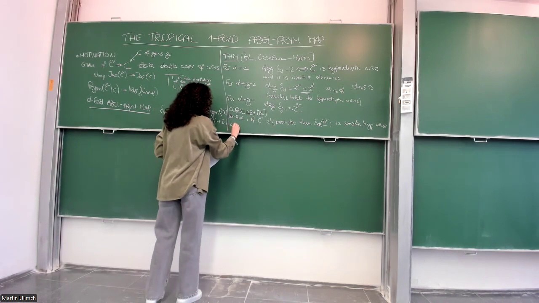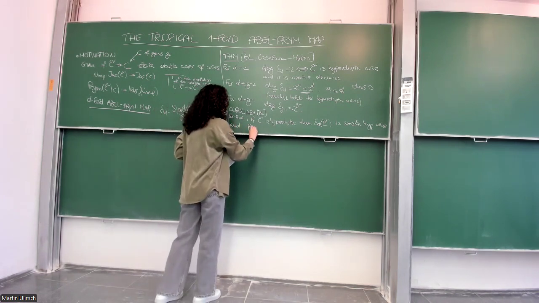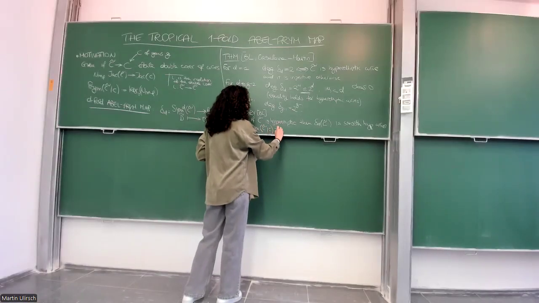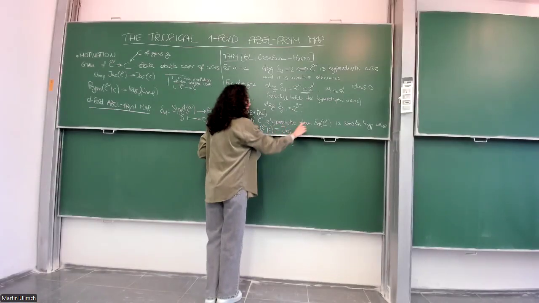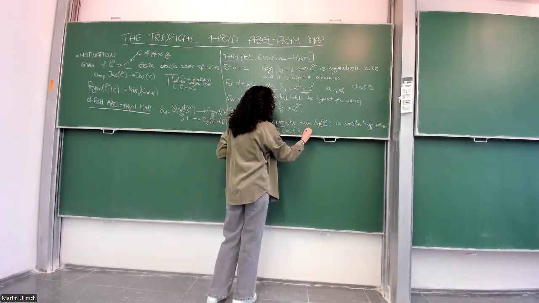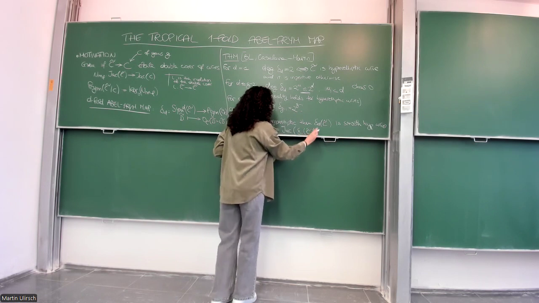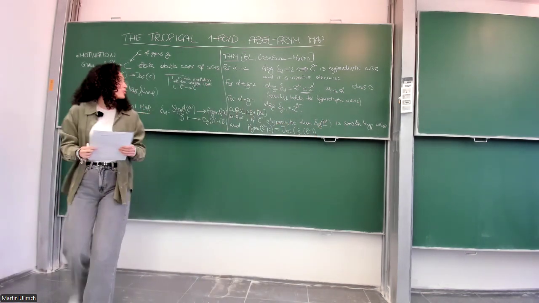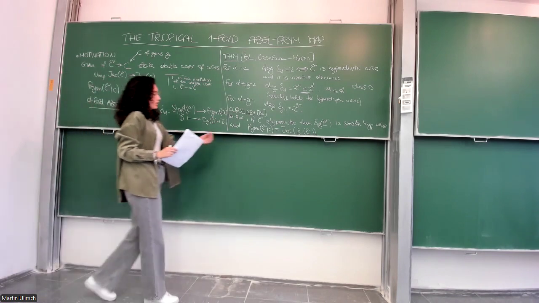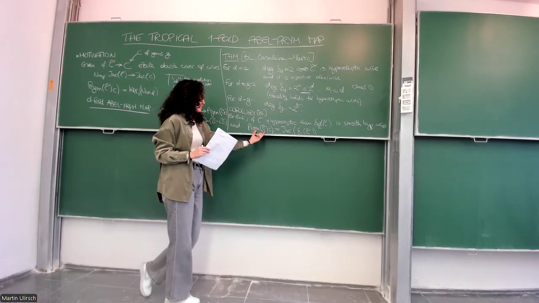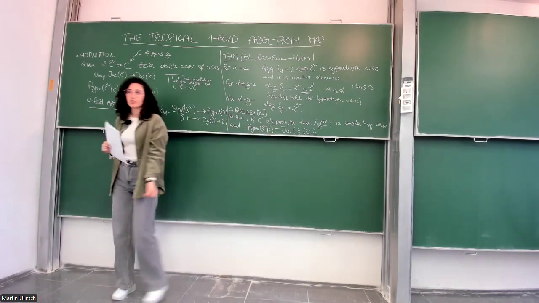And the Prym variety of the double cover is exactly the Jacobian of this curve. So what they proved is that the image is again hyperelliptic, and the Prym variety is none but the Jacobian of the image of the curve.